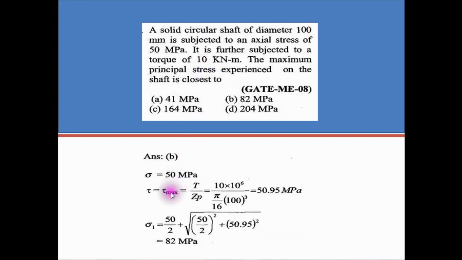Then sigma 1 is equal to, first calculate tau max. It's not tau max, it's tau xy, using this formula, and sigma x is nothing but 50 megapascal. Substituting these values in the maximum stress formula, we get sigma 1 equal to 82 megapascal.